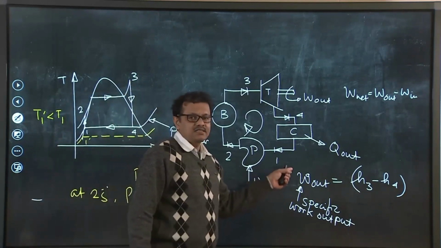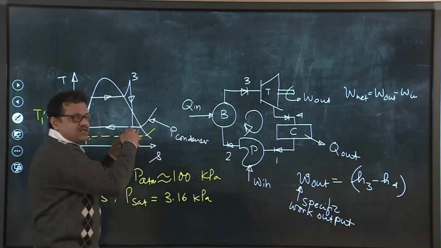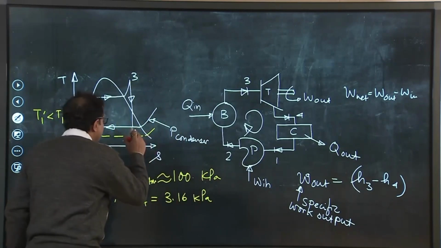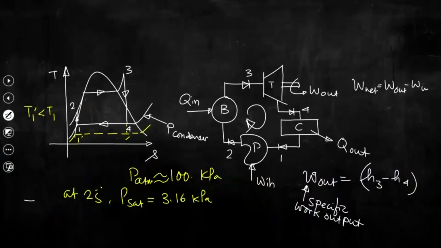So, this would be good for the power plant, because you can understand now this point should be 4 prime. So, the specific work output will be more, because H4 prime is much less than H4. So, we will be having a high enthalpy drop.